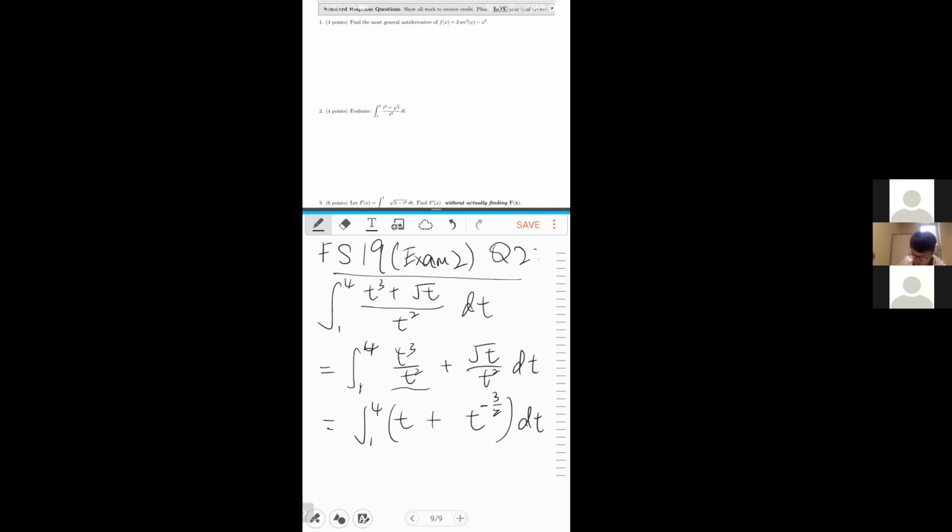Now you find the antiderivative. What is the antiderivative of t, and what is the antiderivative of t to the negative 3/2? Any ideas?